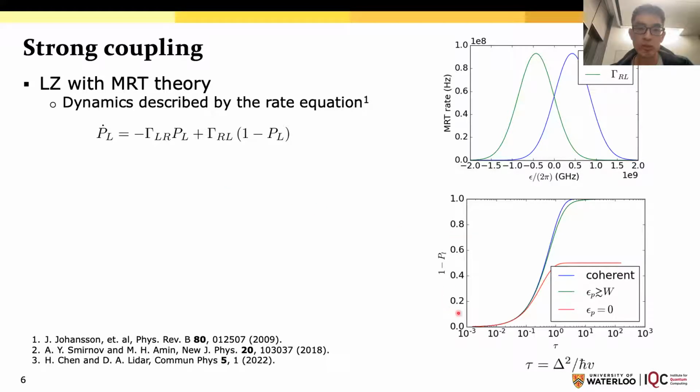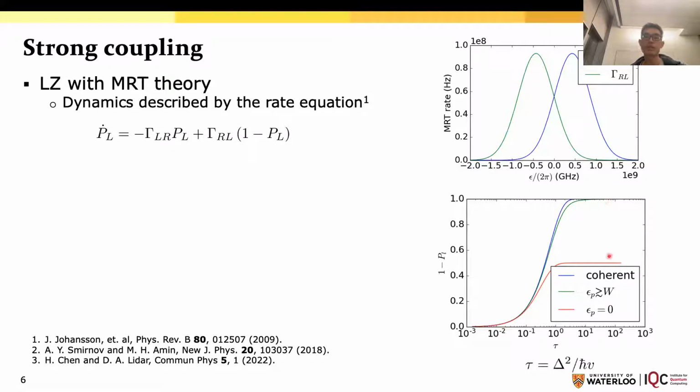And that will give you, quite surprisingly, a transition rate pretty close to the coherent transition rate when you plot the residual left state probability as a function of the reduced sweep time here.